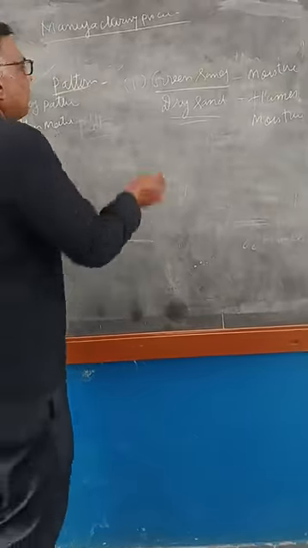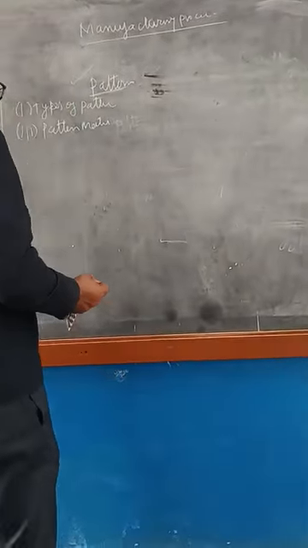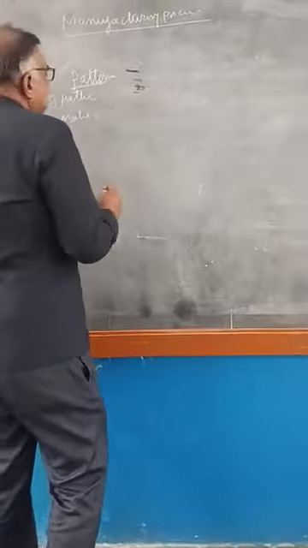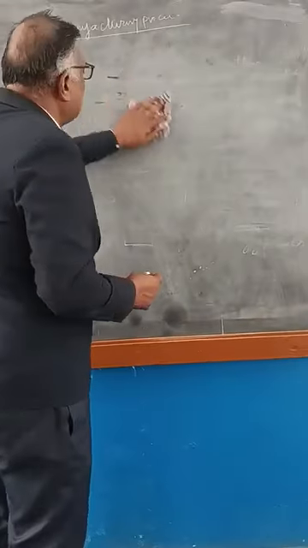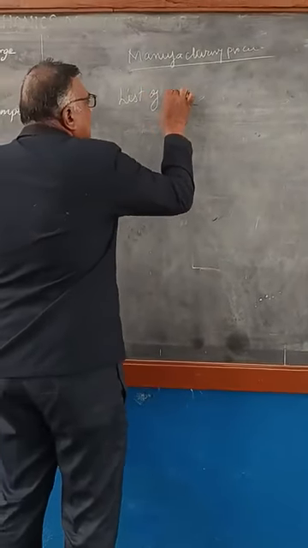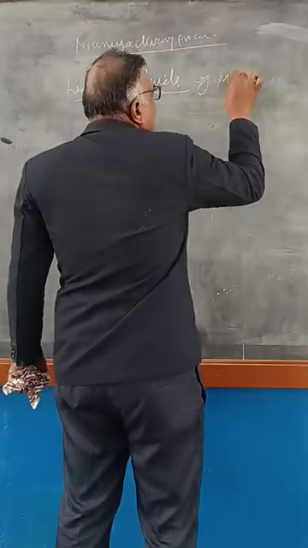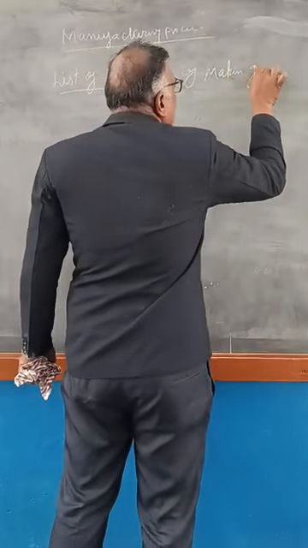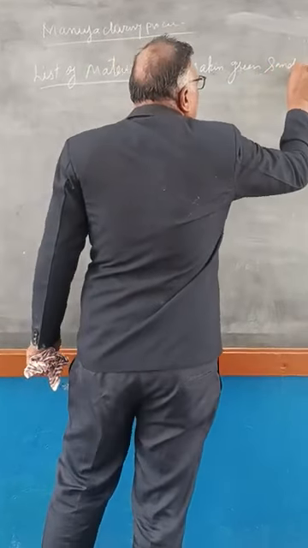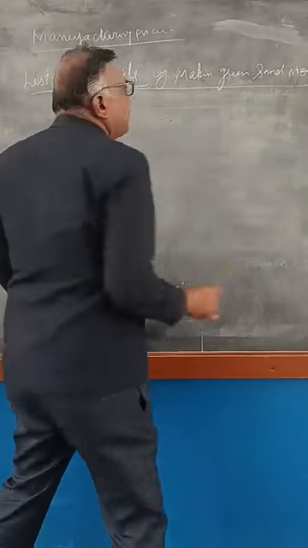Next, we are first going to see the procedure for green sand molding. For this you need a list of materials for making a green sand mold. First we need a box.